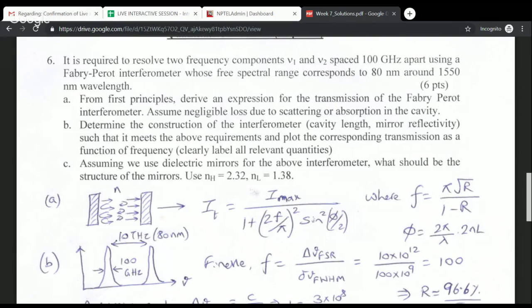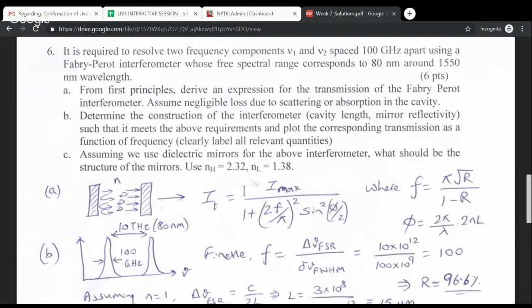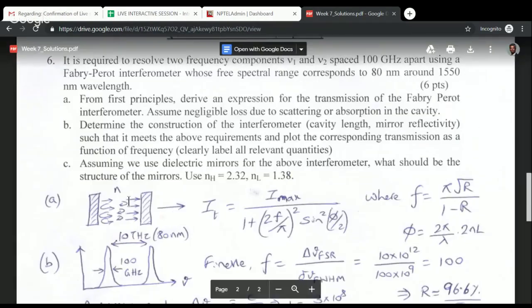And we are also told that the Fabry-Perot interferometer has a free spectral range corresponding to 80 nanometers, around 1550 nanometer wavelength. So I draw your attention to this picture over here. So this is a picture of a Fabry-Perot interferometer, basically two mirrors having different reflectivities, potentially R1 and R2. But in our case, we are considering both of them to have the same reflectivity R.